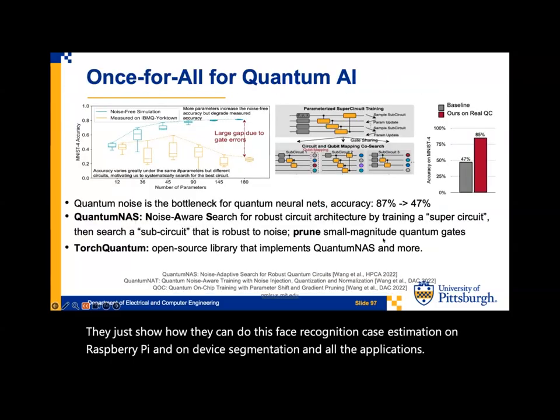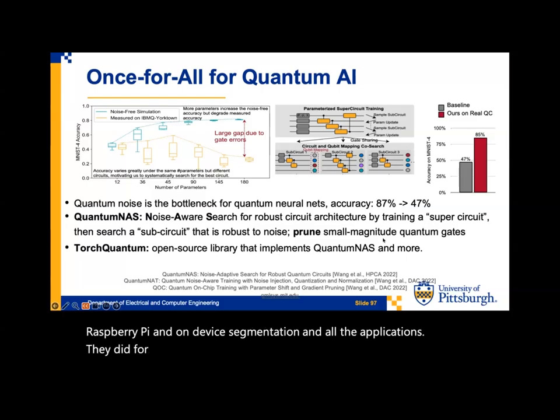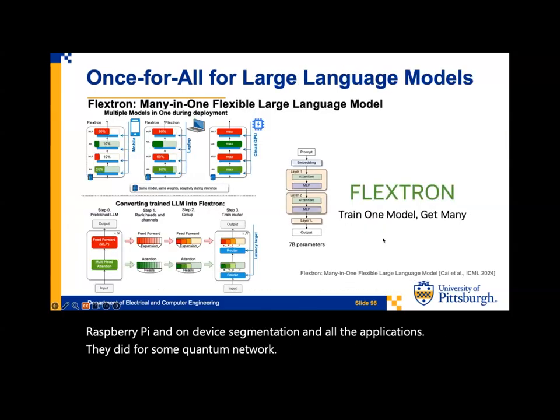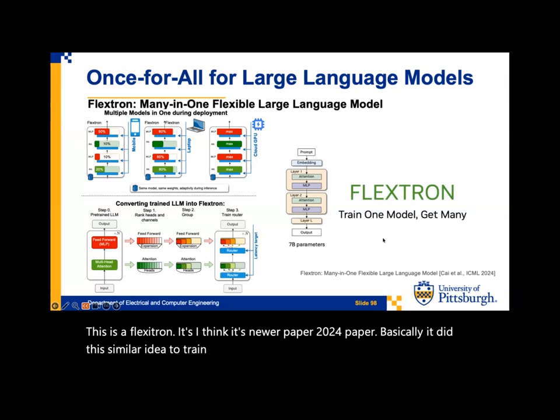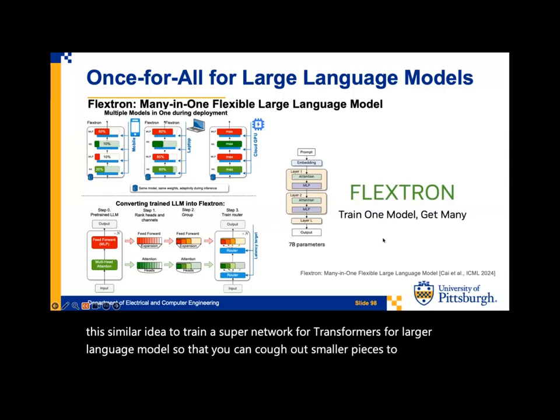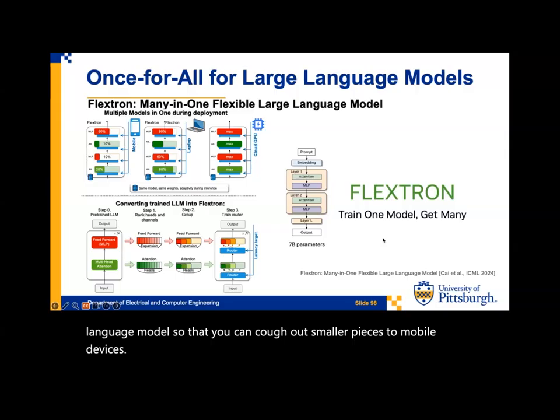They did it for some quantum networks too. This is Flextron, I think it's a newer paper, a 2024 paper. Basically, it has a similar idea: it trains a super network for transformers, for large language models, so that you can carve out smaller pieces for mobile devices. So train one model, get many.